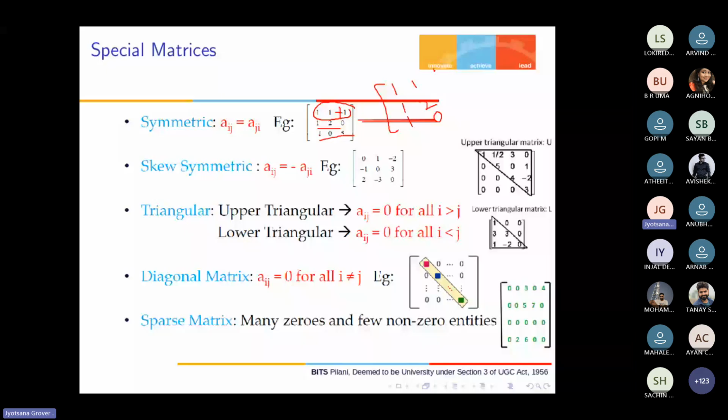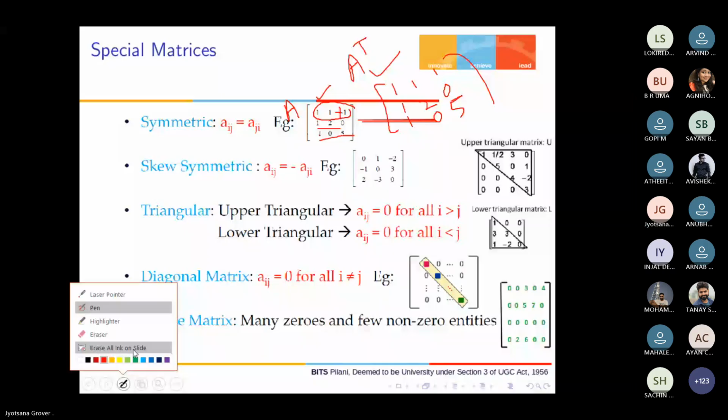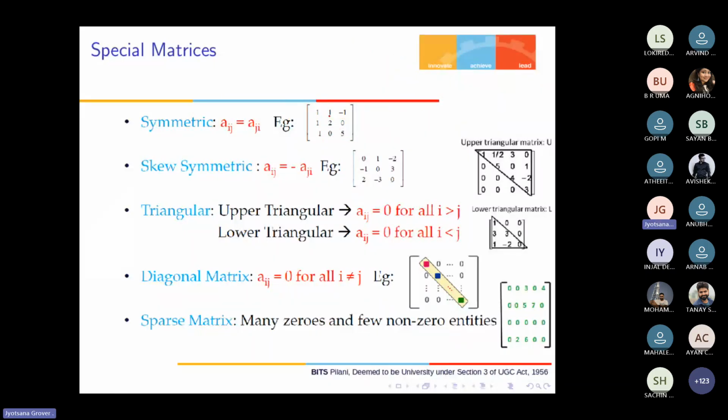Okay. So now you see whether these two matrices are equal or not. They're equal. So this is your A transpose. A transpose is the same as A. So you call this matrix symmetric. All right? Got it. Just that -1, I was having that doubt. No, it was a typo. Okay, we will correct it.